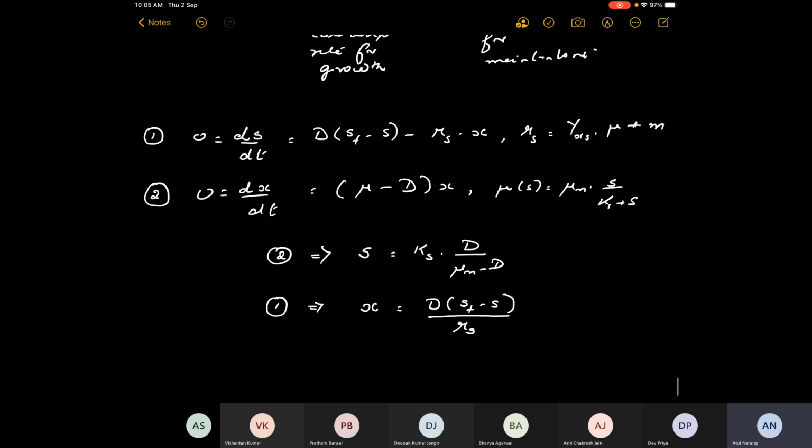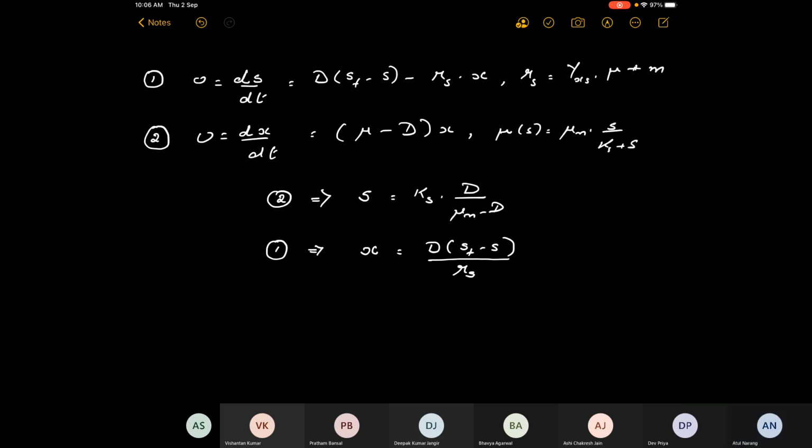So let me just point out here, earlier RS was simply mu divided by Y_XS, which if you put into this upper equation gives you X equals D divided by mu over Y_XS, times (SF minus S).